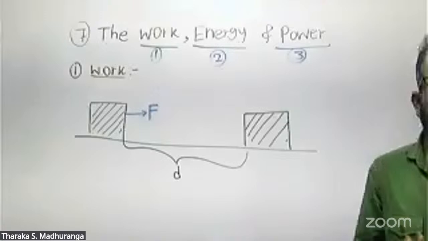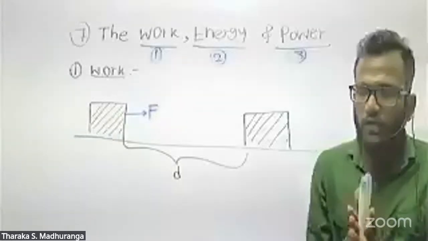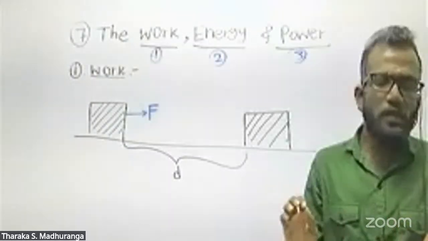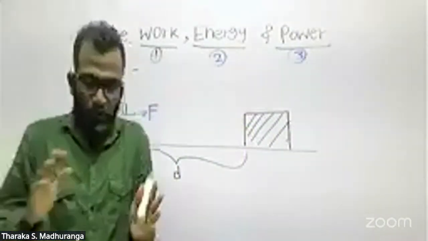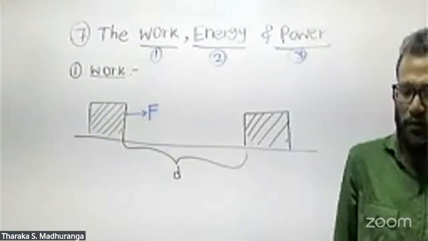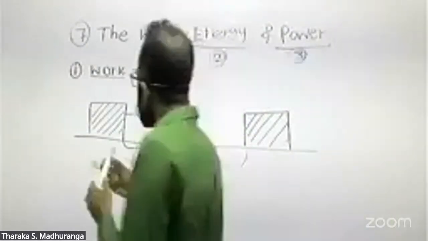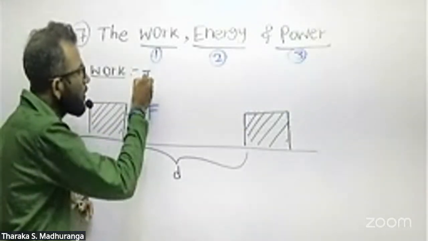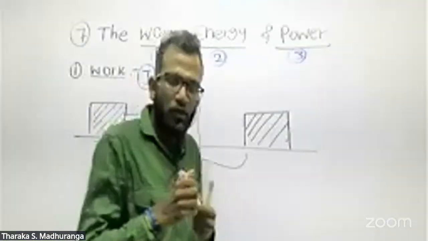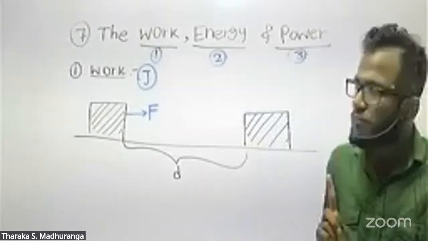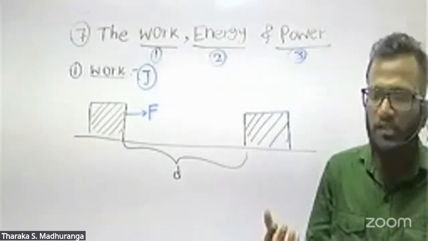How do we define work now? You need to remember carefully. In A level, you can't write equations or definitions in your own words. It has some keywords. In your O level time, you know the unit of work is the joule. The joule is always what we use for energy measurement.